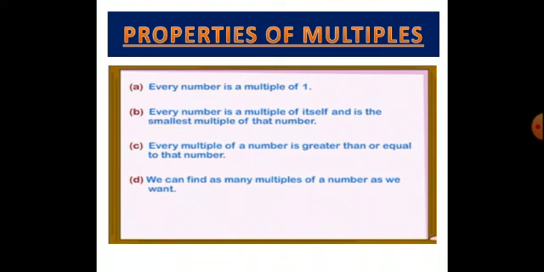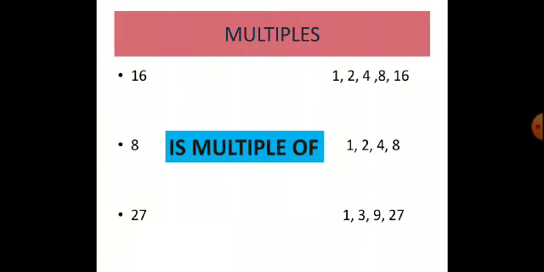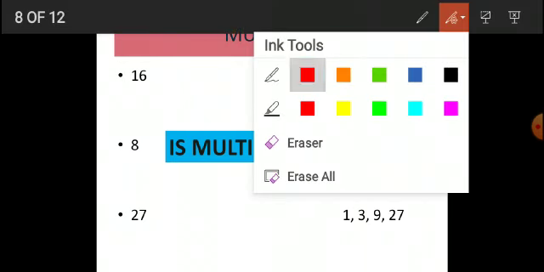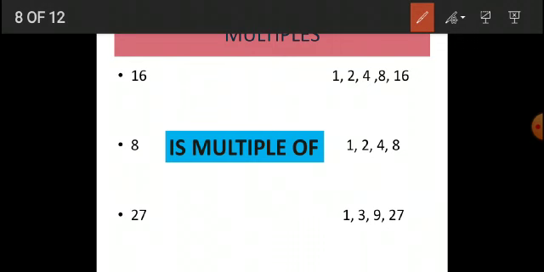Now the last property, we can find as many multiples of a number as we want. See, for example, 16 is a multiple of 2. 8 is also a multiple of 2. So here we can see two multiples of 2. What are the other multiples of 2?